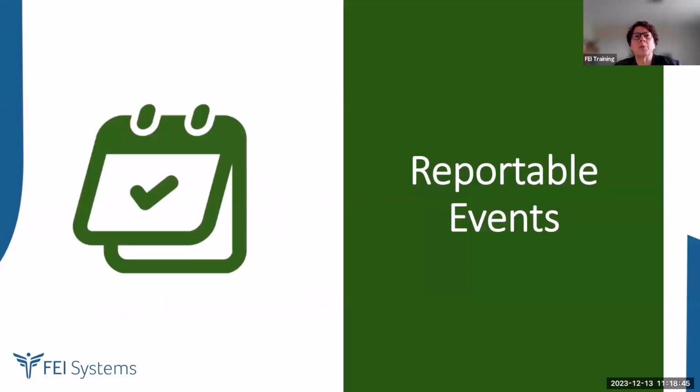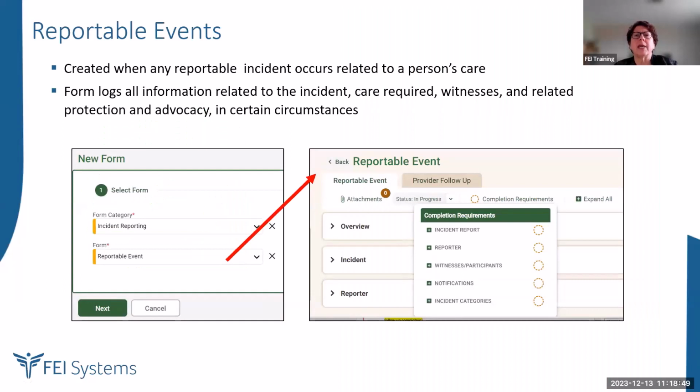All right, I want to switch gears now and move to reportable events. And these are something that you regularly complete now. And they are now going to be in Evergreen. There's a few new questions, and some of the sections have been rearranged. However, it basically collects a lot of the same information.